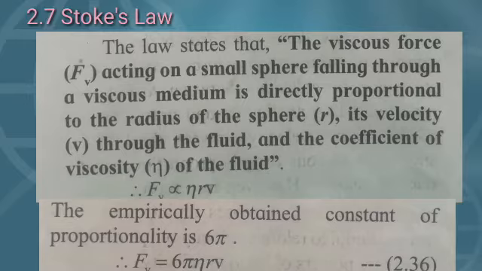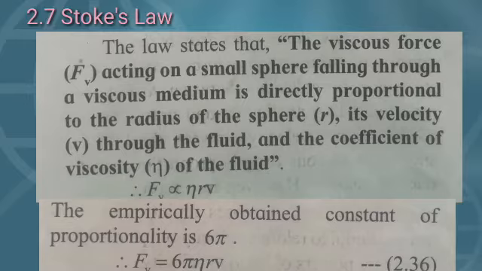Experimentally, we obtain the constant of proportionality as 6 pi. Putting the value 6 pi in the above equation and removing the proportionality sign, the equation becomes Fv is equal to 6 pi eta r v.